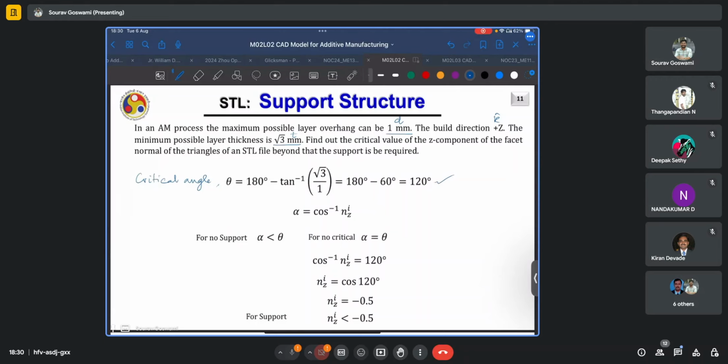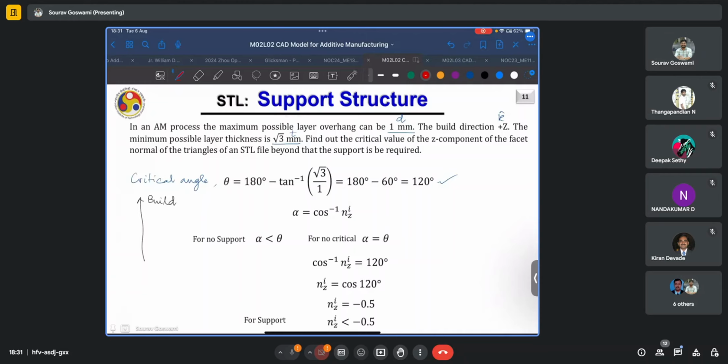And what this means is, here this is our build direction, and say you have at least two triangles, let this be one shown in red, let this be one shown in green. In each case we find the normal from that surface, and we find this angle.